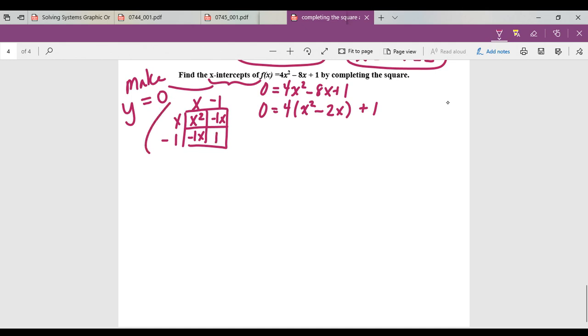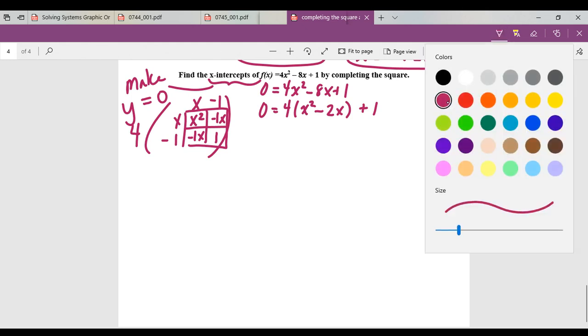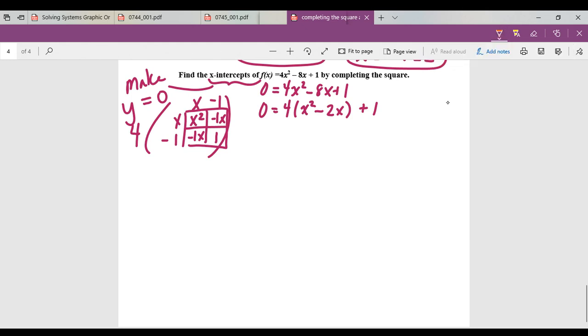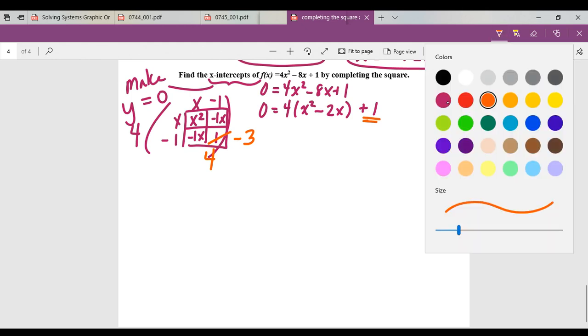Now, how many of these boxes do we have? 4. So when I go to compensate to make this plus 1 out here, I'm not using the plus 1 that's in the box. I really have a 4 here because I have 4 times 1 is 4. Okay, and now I need to make 1 minus 3. Okay, so now we've used the 1, and we're going to rewrite our equation, and then we're good to solve.